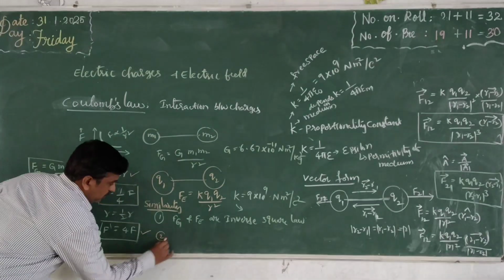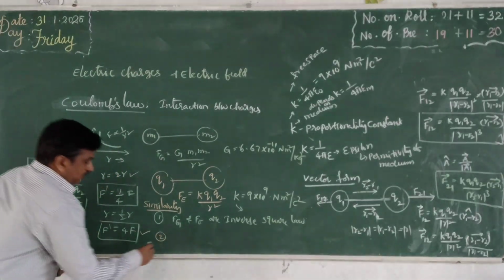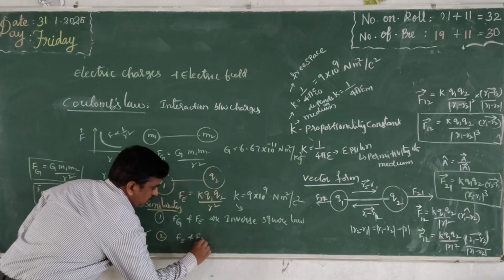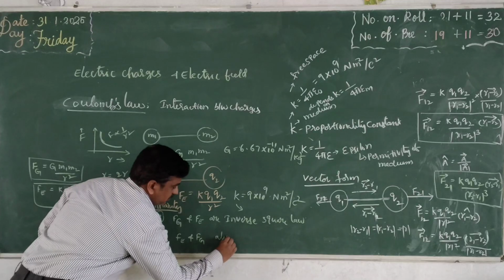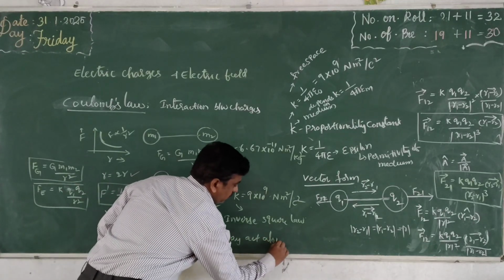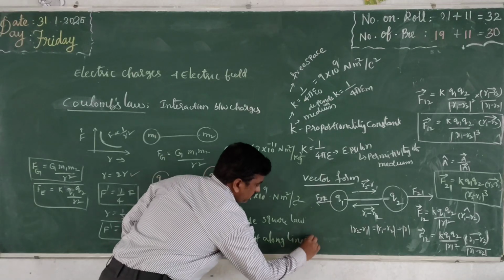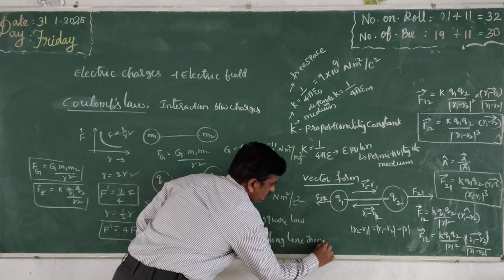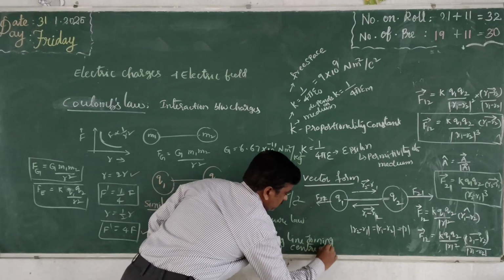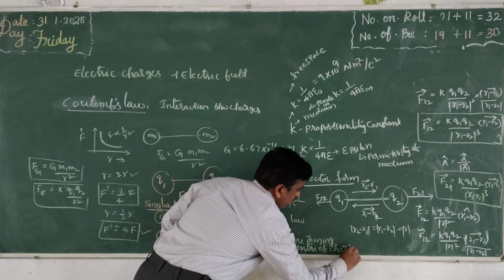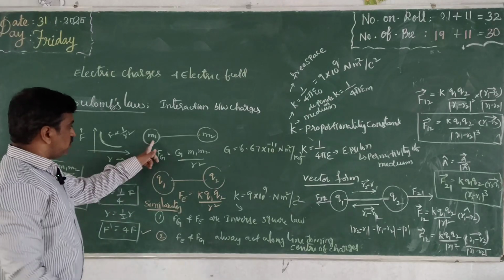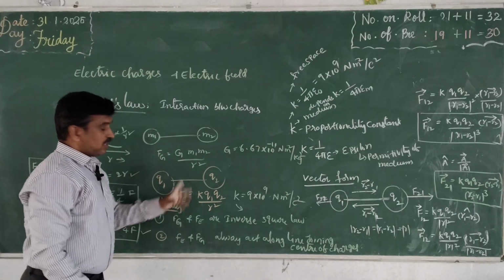Second, electrostatic force and gravitational force always act along the line joining the centers of the charges. These are the two similarities between gravitational force and electrostatic force.